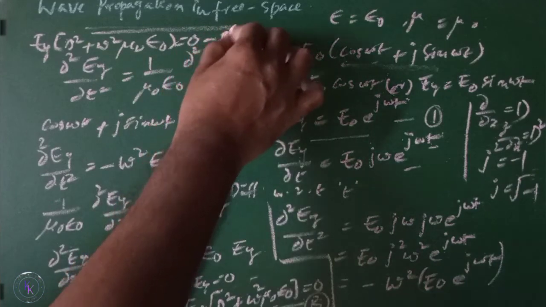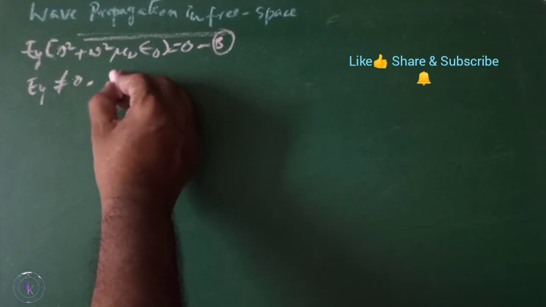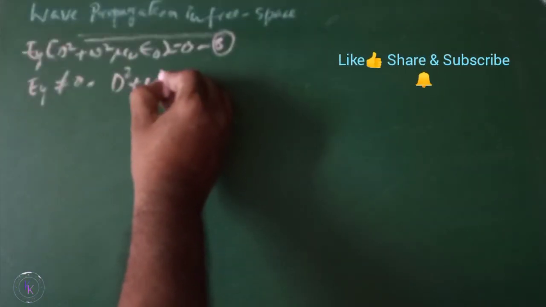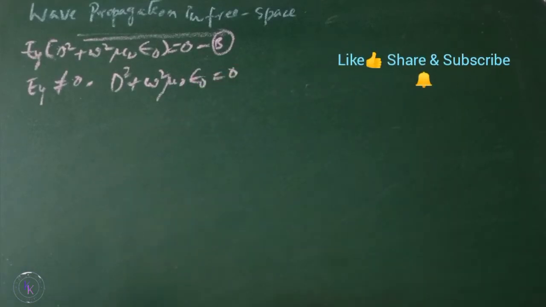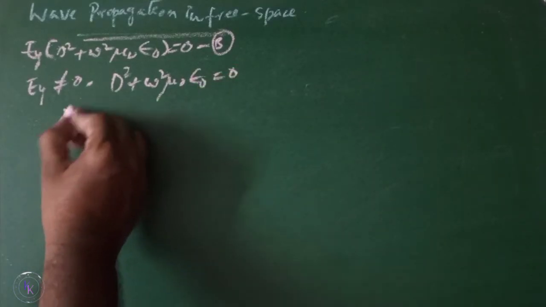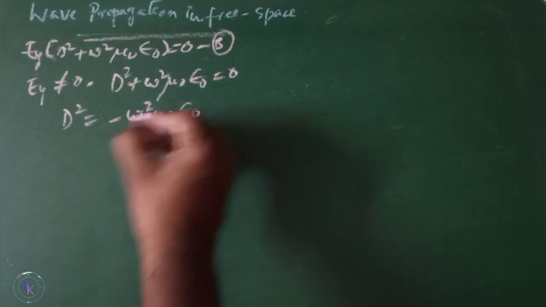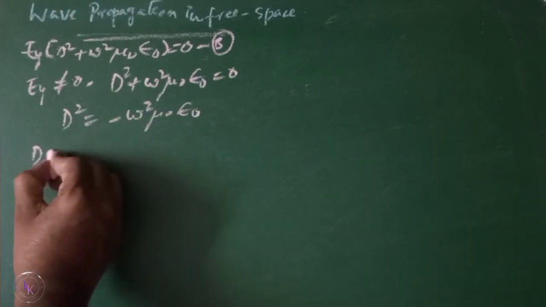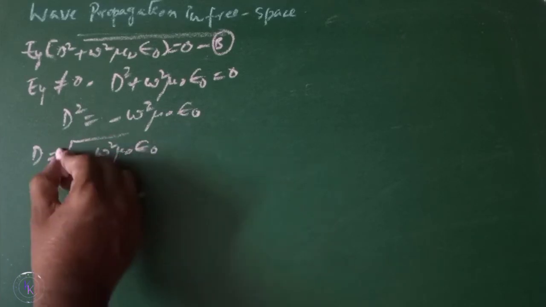That is equation B. Now in this equation Ey is not equal to 0, then D squared plus omega squared mu naught epsilon naught equals 0. Then you can write D squared equals minus omega squared mu naught epsilon naught, so D equals the square root of minus omega squared mu naught epsilon naught.